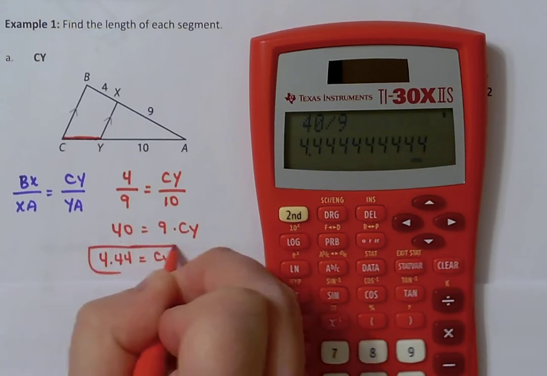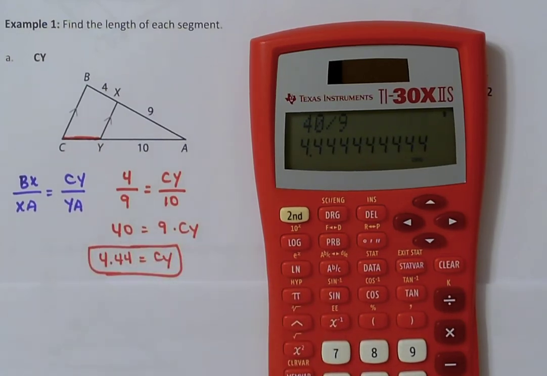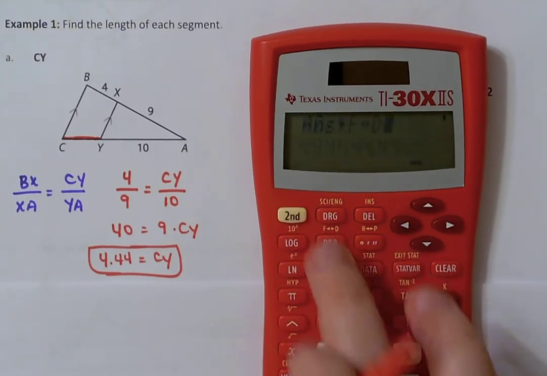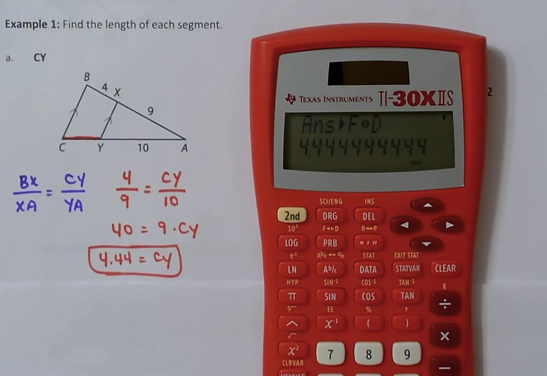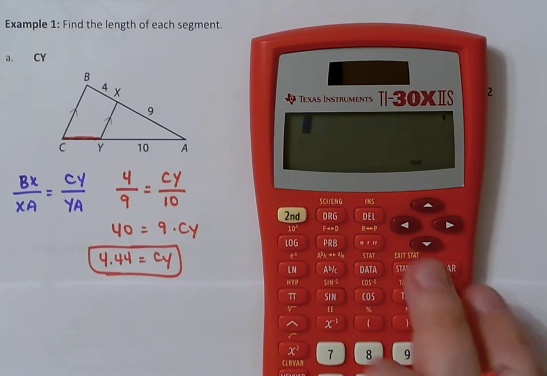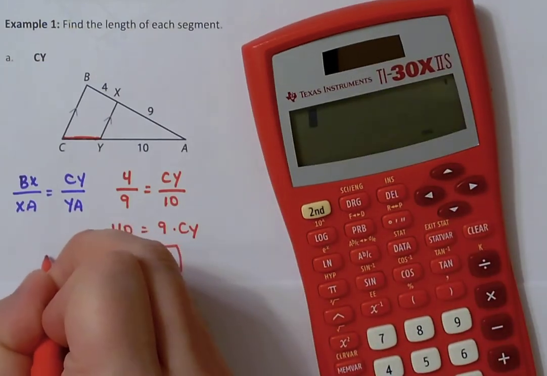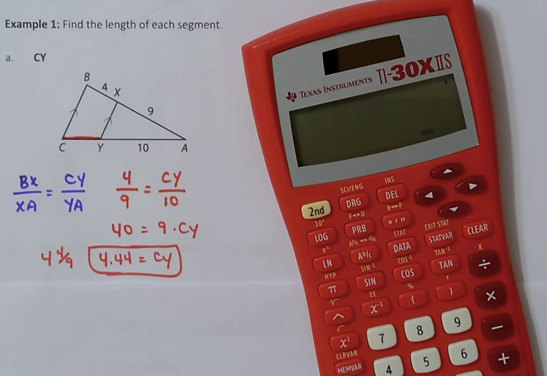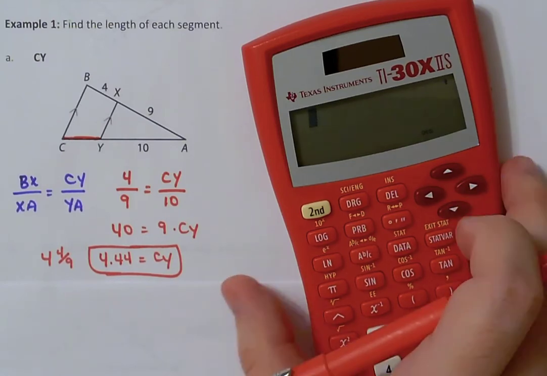And that is the length of CY. Now, if they wanted this in a fraction, it would be 4 and 4/9 if it wanted it as a fraction. And that is our answer for A.